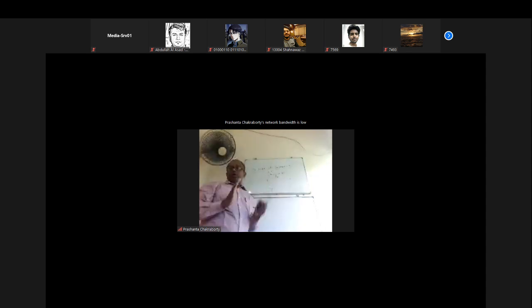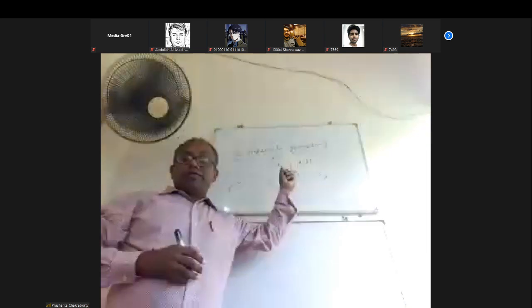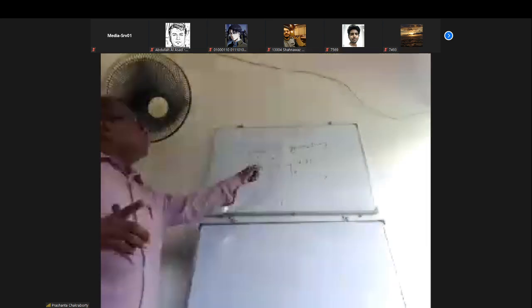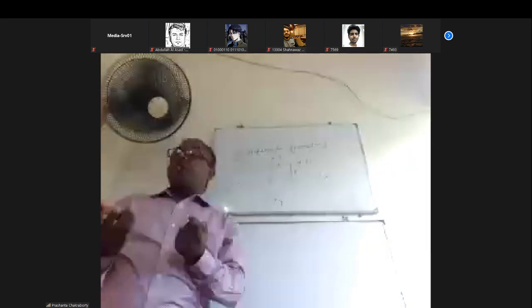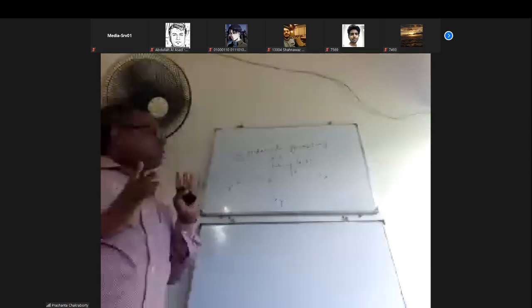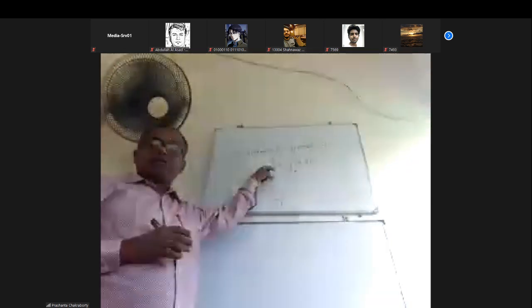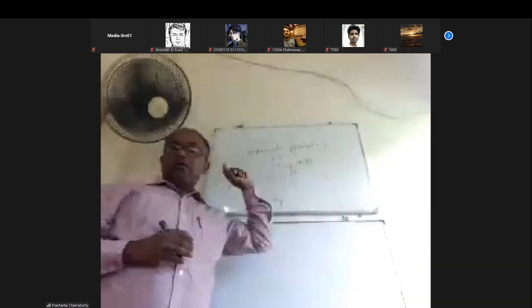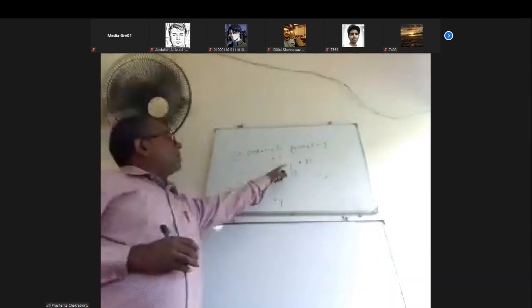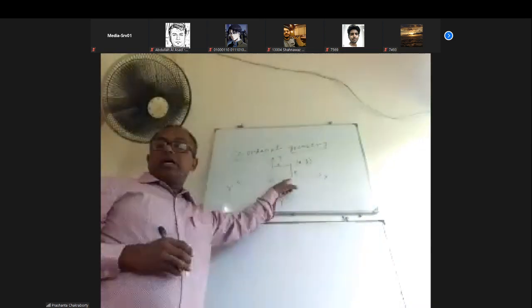We know x is the abscissa of the point (x, y). Abscissa of a point is the perpendicular distance from the y-axis, and ordinate of the point is the perpendicular distance from the x-axis.